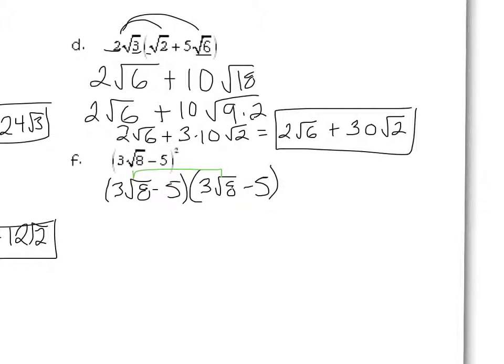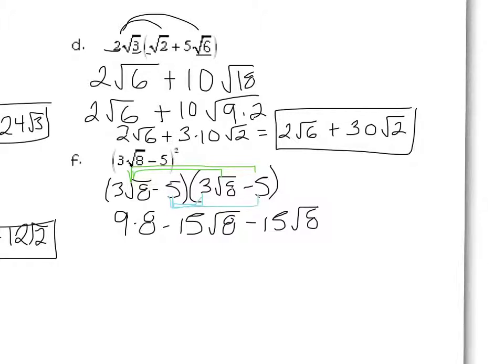Alright, firsts. 3 times 3 is 9. Square root of 8 times the square root of 8 is 8. Outers. 3 times a negative 5 is negative 15 square roots of 8. Inners. Negative 5 times 3 is a negative 15 square roots of 8.